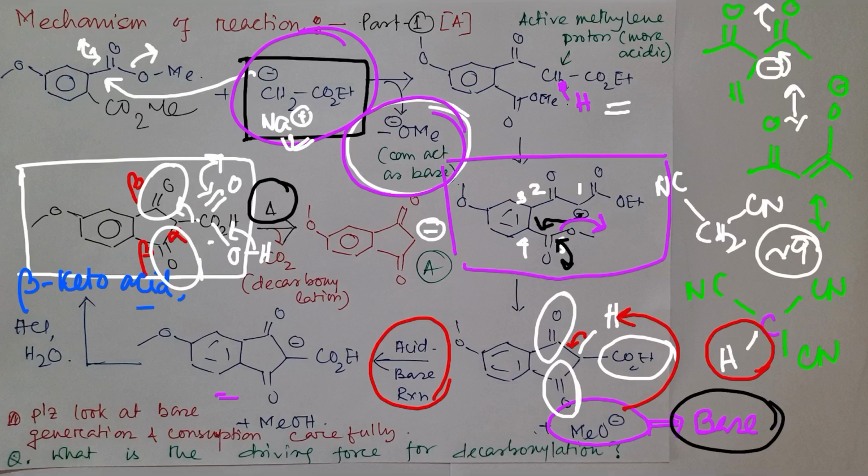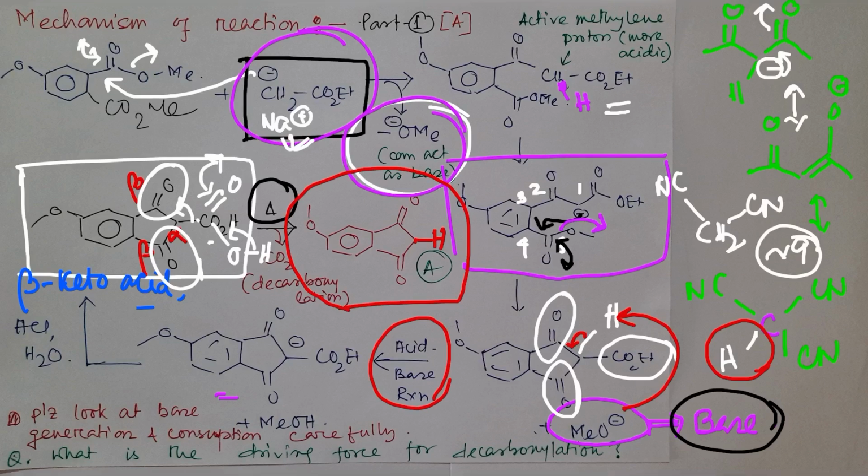This is in between two electron withdrawing groups, or in resonance, like an active methylene compound, as I have shown here. Similarly, it is stable. And after that, what will happen? This negative charge will take another proton because the medium is acidic, just remember. So after that it will be converted into the corresponding CH. So this will be the product. So the overall reaction will result in an active methylene compound.